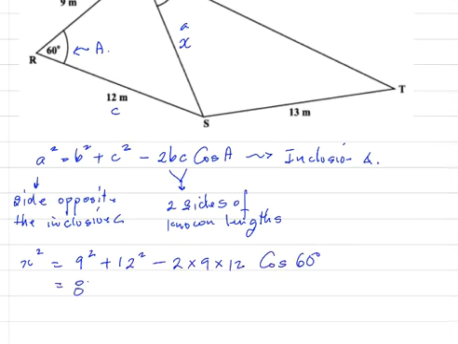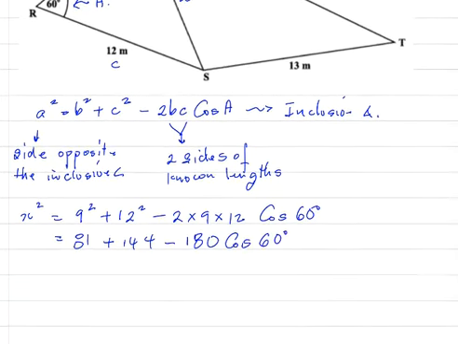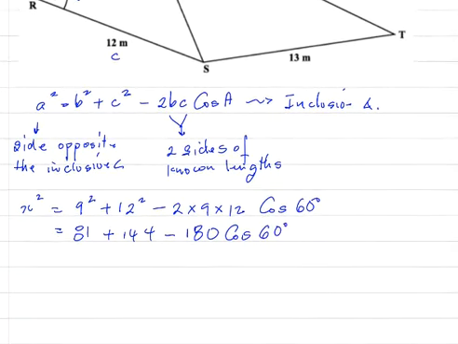This is 81 plus 144 minus 180 cosine of 60. 81 plus 144, I have 225.